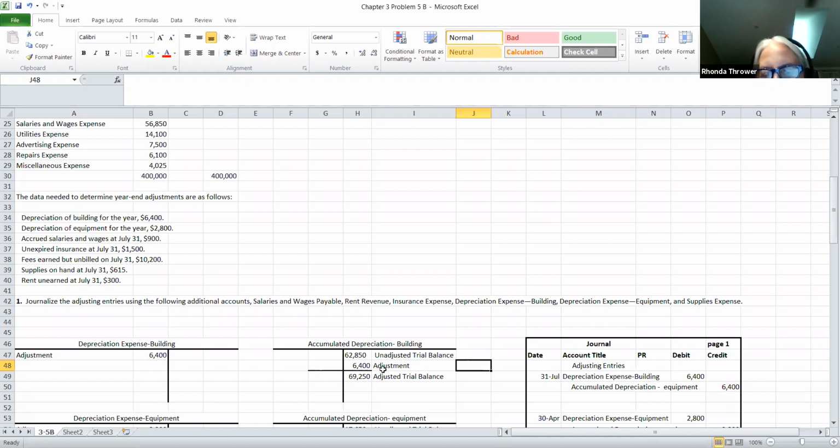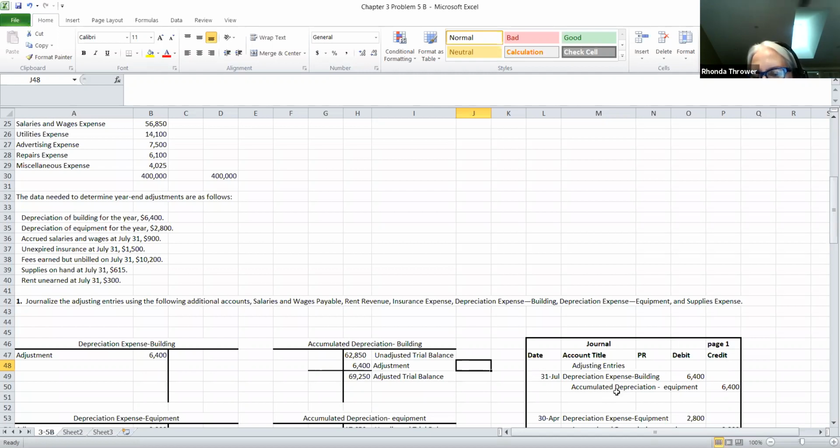The credit is to accumulated depreciation. So you're copying from the T account into your journal a credit for accumulated depreciation. The amount will go on the credit side of the journal at $6,400.